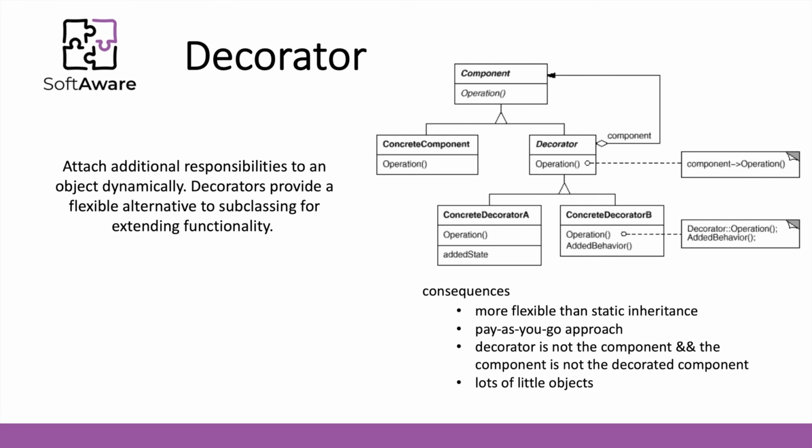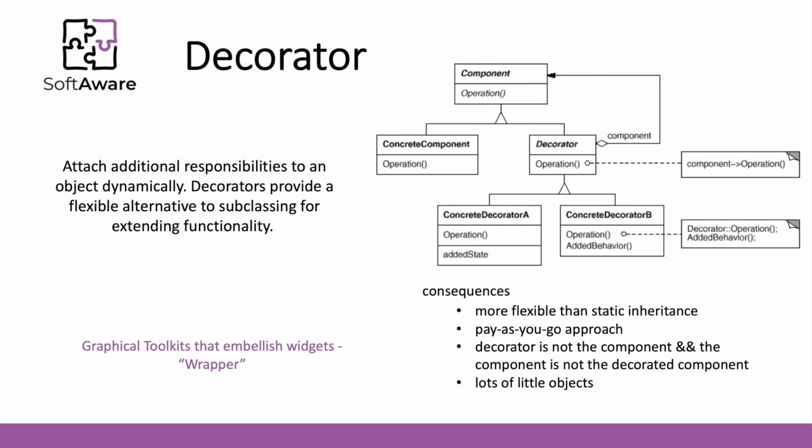A design that uses decorator often results in systems composed of lots of little objects that all look alike. The objects differ only in the way they are interconnected, not in their class or in the value of their variables. Although these systems are easy to customize by those who understand them, they can be hard to learn and debug.